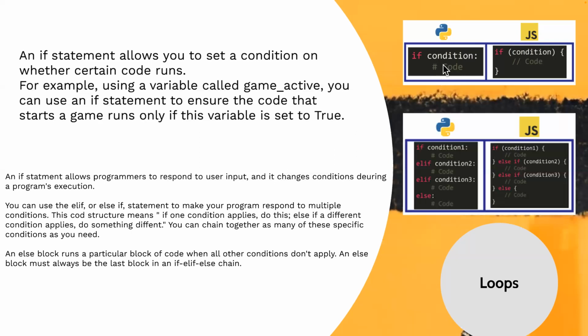Where your indentation is in the code matters. Here in JavaScript it's for convenience and readability, but in Python it's by necessity. So when we indent in Python, it matters.